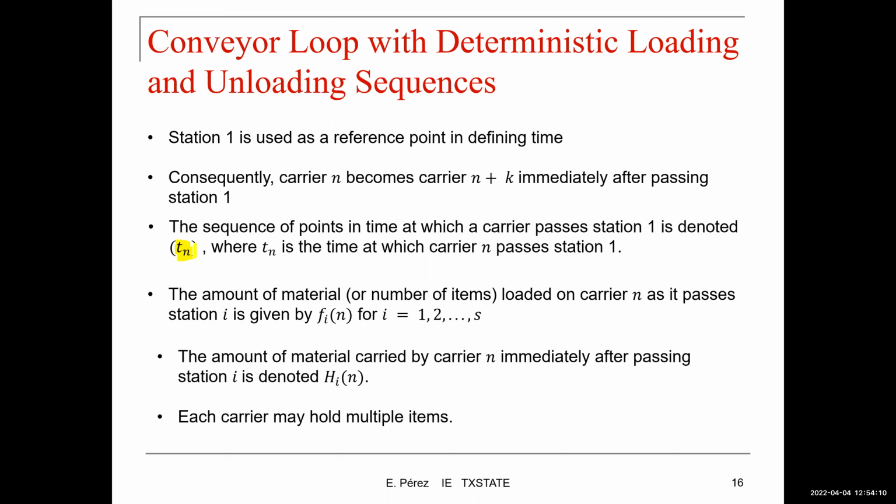The amount of material or number of items loaded on carrier N as it passes station I is given by this function, Fi of N. So Fi of N is going to keep track of the amount of material or number of items loaded on carrier N as it passes station I. The amount of material carried by carrier N immediately after passing station I is going to be denoted by this other parameter.